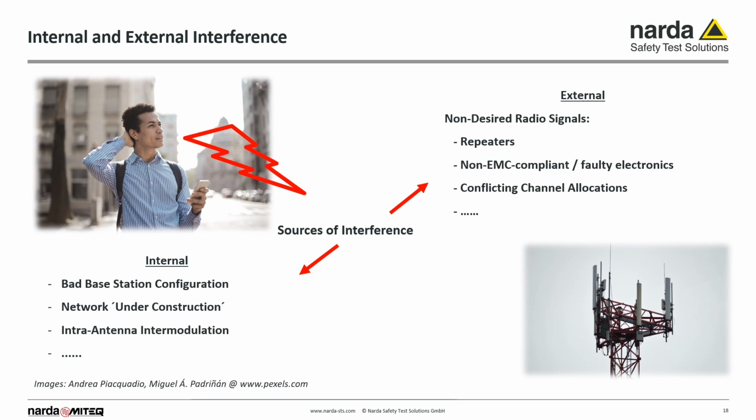In general, problems in the mobile network can have internal or network-external reasons. Speaking of external interference basically means other non-desired radio signals interfering with the user and the network. We will lay our focus on this interference type for the rest of this presentation.